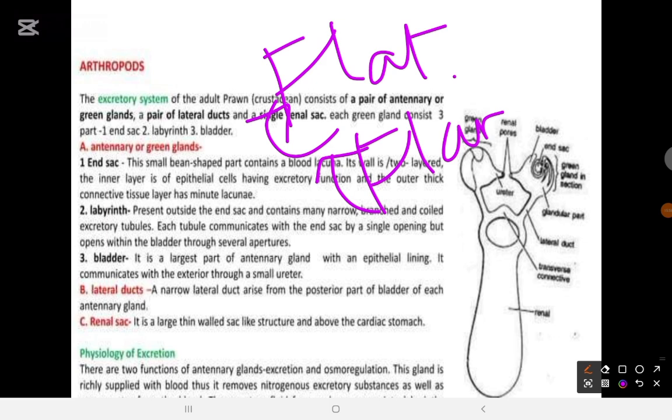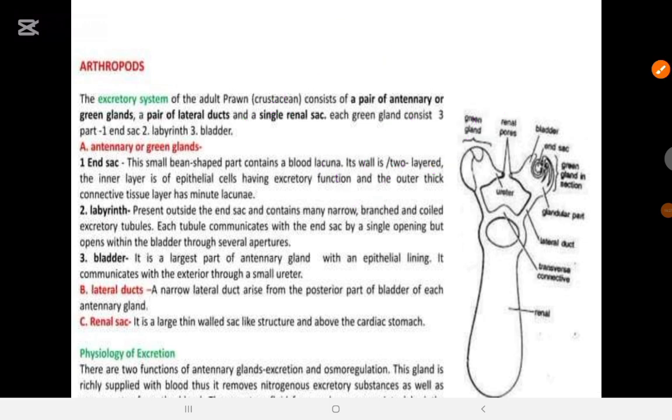Then we began to see uricotelism from the nematodes. Is that okay? Nematodes are uricotelic. And now we are on insects. Insects are also uricotelic, and their excretory system is called the Malpighian tubules.